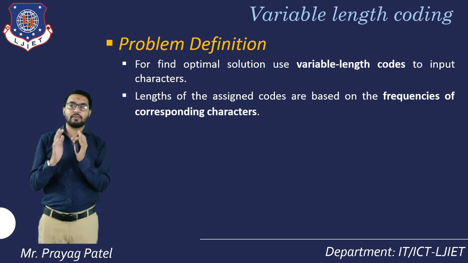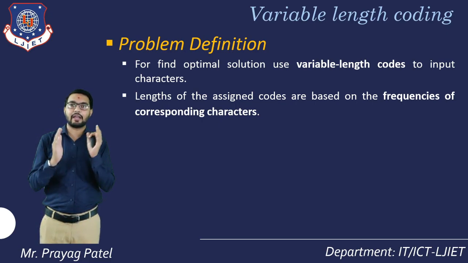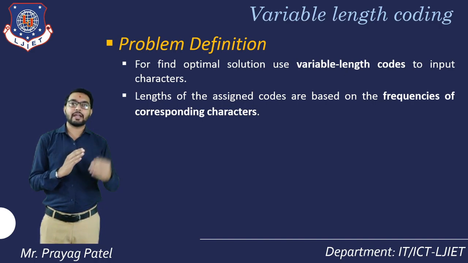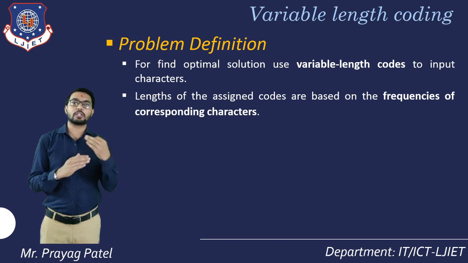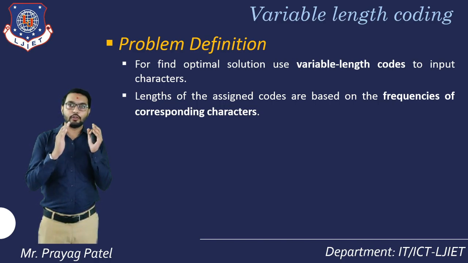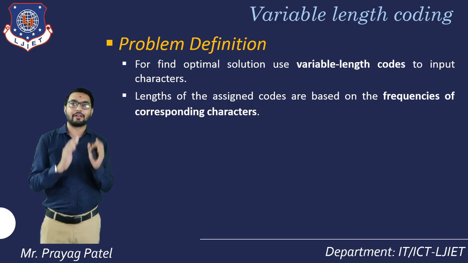In the previous case, every character had the same code length, but in variable length coding, the character that is mostly repeated, meaning whose frequency is high, gets the minimum length code. So your code depends on your frequency.